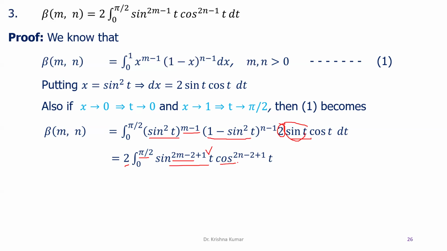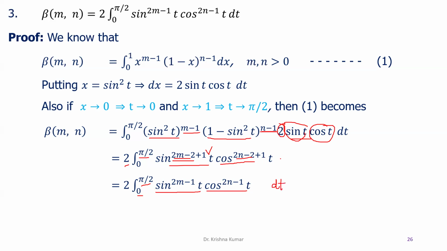So its power is cos square to the power n minus 1, and this cos t has power 1, so 2n minus 2 plus 1 of t. Now 2m minus 2 plus 1 is 2m minus 1, and 2n minus 2 plus 1 is 2n minus 1. So it can be written as 2 times integration under the limit 0 to pi by 2 of sine to the power 2m minus 1 t into cos to the power 2n minus 1 t, and dt is also there.